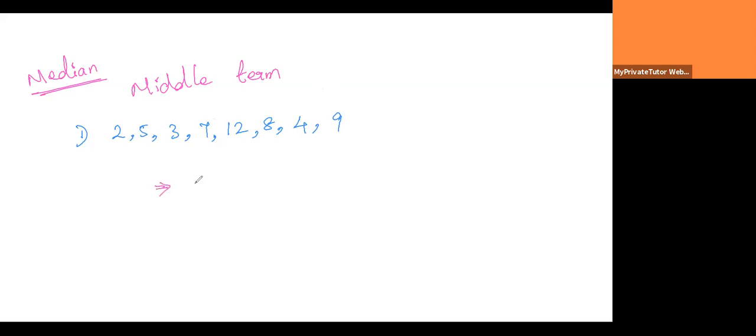If not, you can write it as descending order as well. So 2, 3, 4, 5, 7, 8, 9, 12. I hope I have written all. Then you're going to pick the middle number. Which one is the middle number?